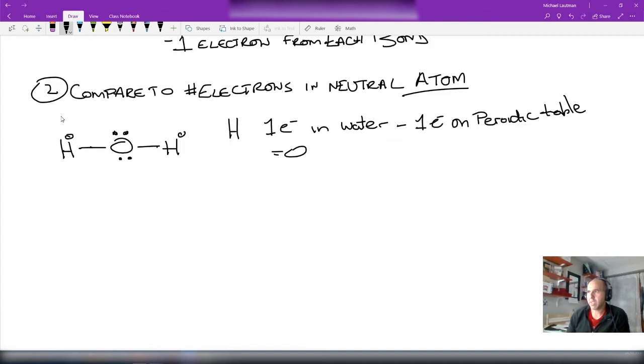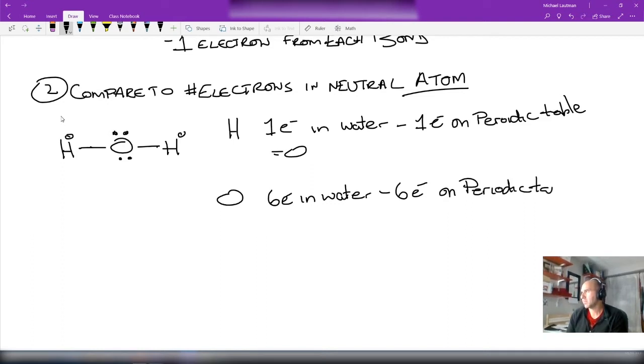Now oxygen, I'm going to count. Remember, I'm going to say 1, 2, 3, 4. One electron from here, so that's 5, and one electron from here, that's 6. So oxygen has 6 electrons in water. And on the periodic table, oxygen is element number 8, and it has 6 valence electrons. So that is 0. And so it has a formal charge of 0. So that's good because water is neutral, and the sum of all of these formal charges is 0.